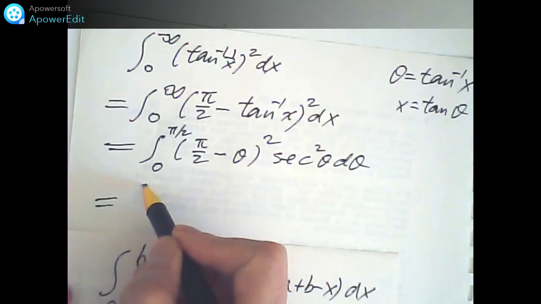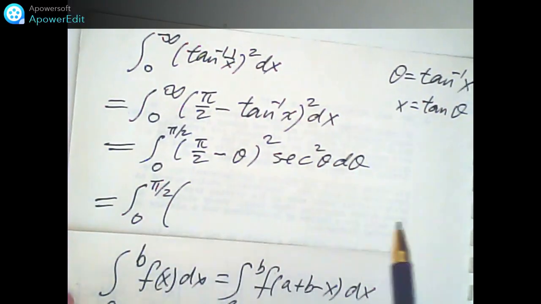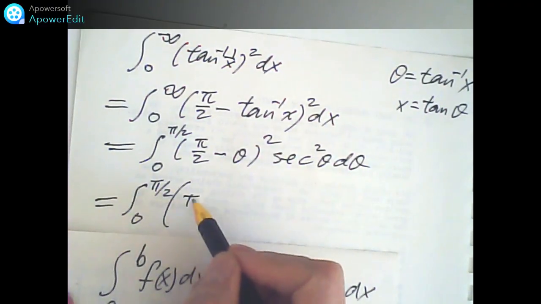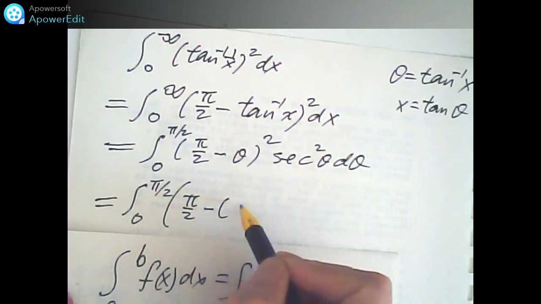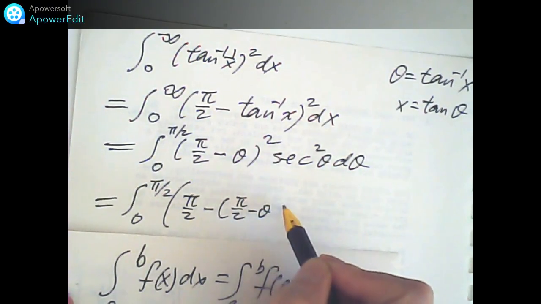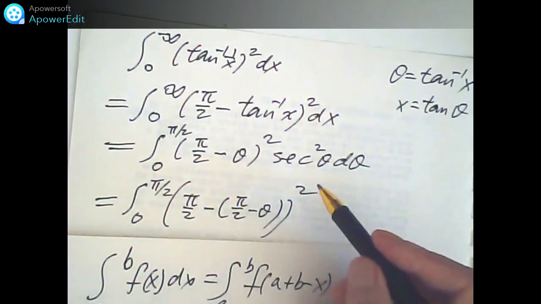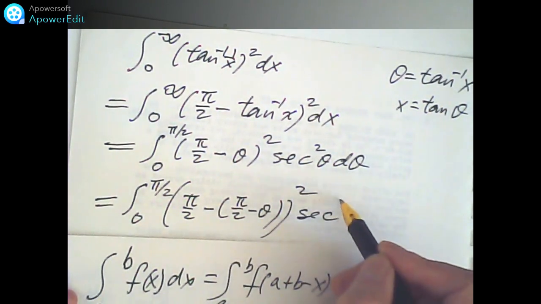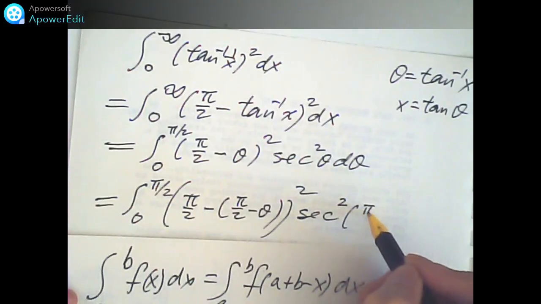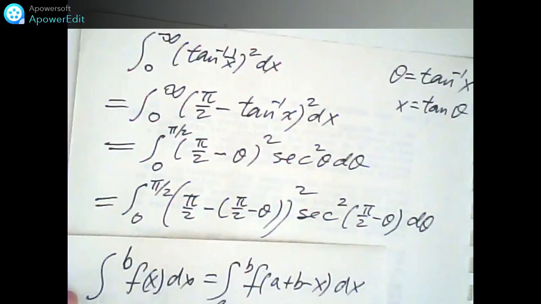So this integral becomes 0 to half pi of half pi minus half pi minus theta, squared, times secant squared of half pi minus theta, d theta.